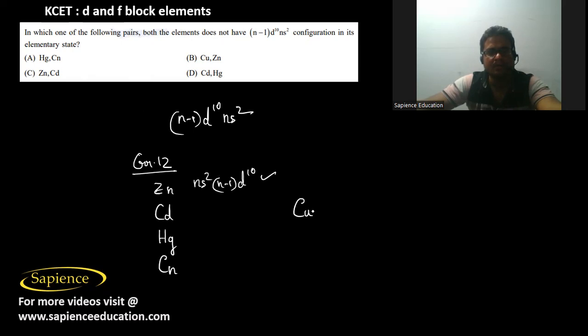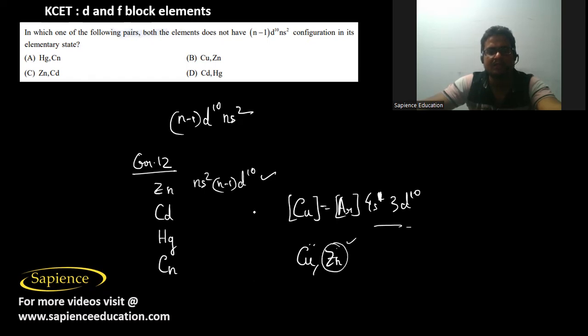Only the electronic configuration for copper, that is argon 4s1 3d10, is not of the form ns2 (n minus 1) d10. So out of copper and zinc, only zinc has ns2 (n minus 1) d10 configuration, but copper does not have. So option B is the correct answer.